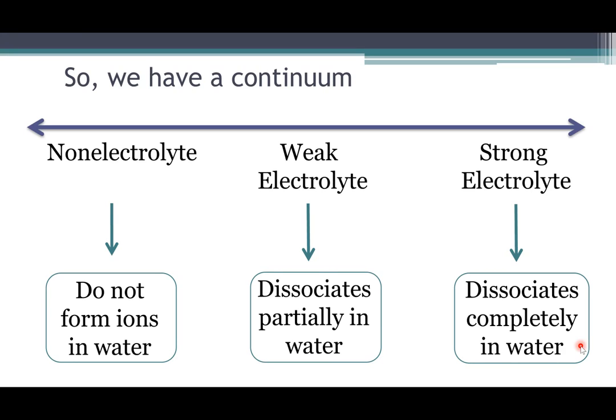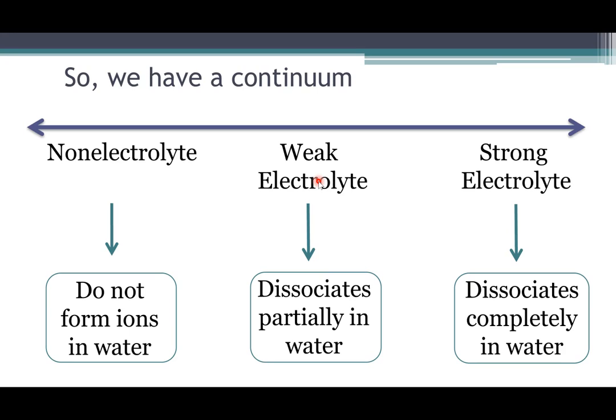Nothing stays together. Our weak electrolyte does conduct electricity, but just not as well. So we see our dimly lit light bulb. And a weak electrolyte is still going to be an ionic compound. But it's going to be an ionic compound that only dissociates a little bit.